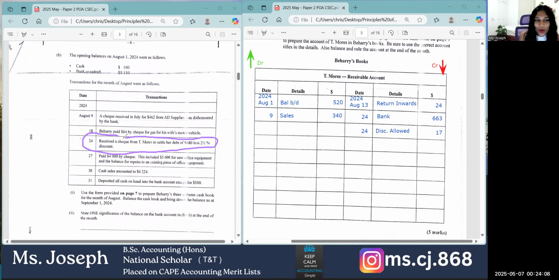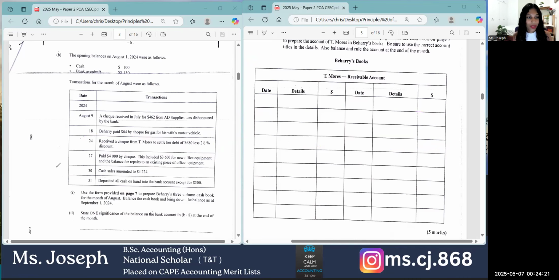And if you remember, when we worked it out, it actually turned out to be these two figures here. So this is already entered, and that is the only thing relating to T. Morse that we would have had to record in there. So let's balance off this T account. Same process. Put the line to show we summing up. Then the double underline to show we closing off with that balance.